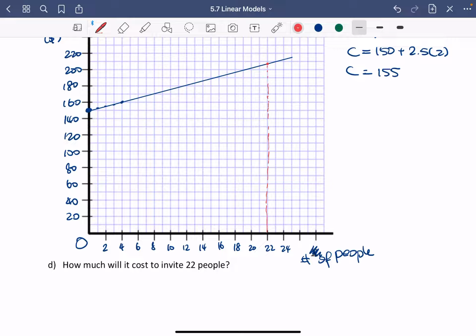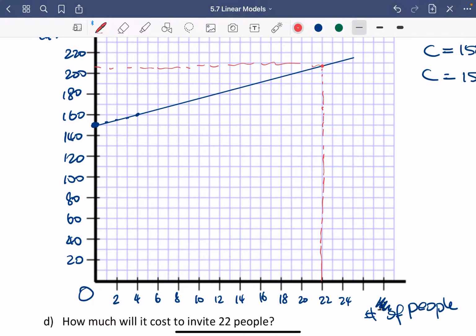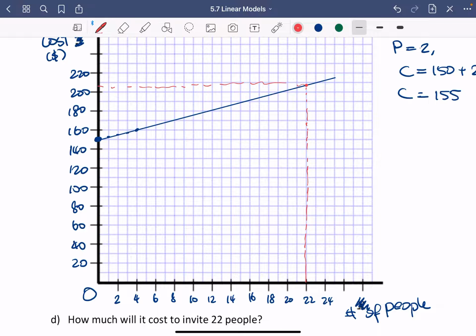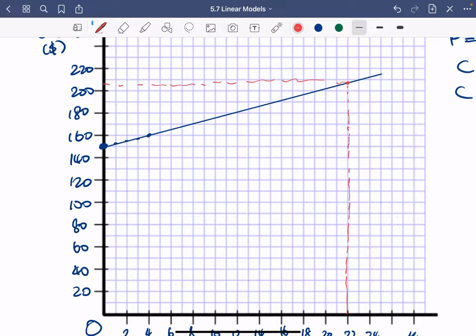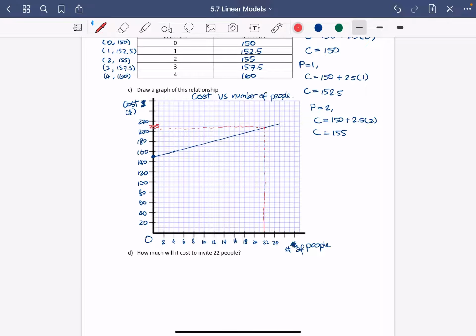My graph is not that accurate, so it's very hard to read from my graph here. I'll just say it's like 205. About 205. So this is from reading the graph.